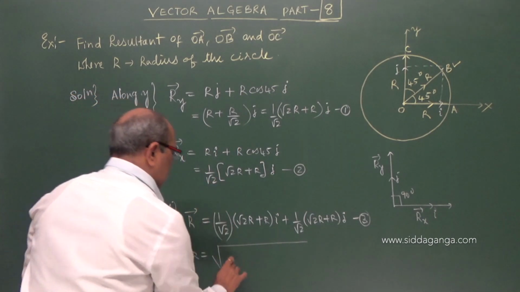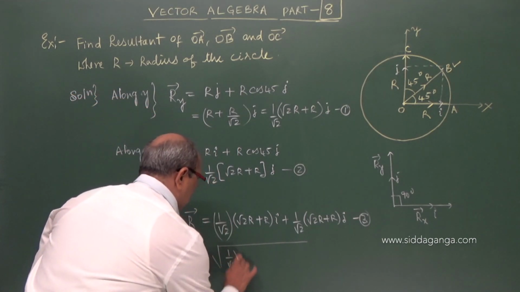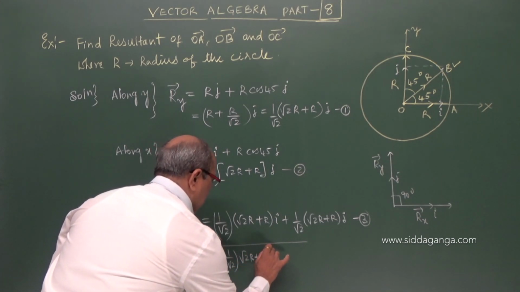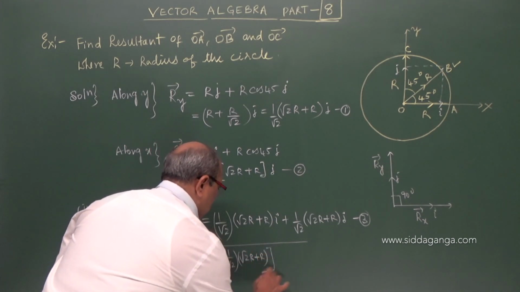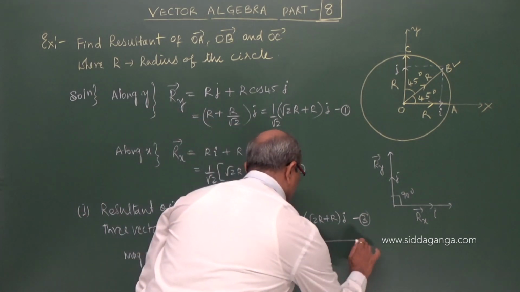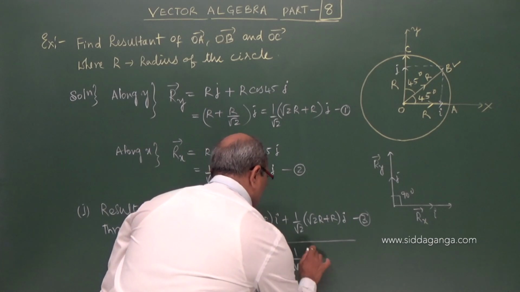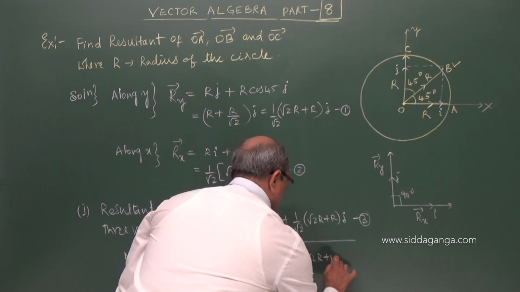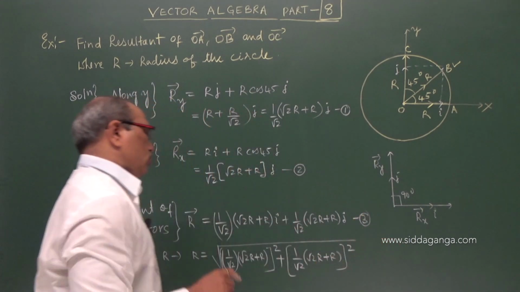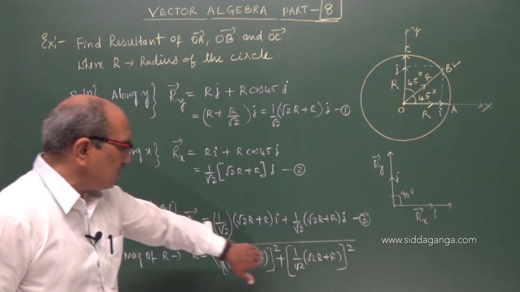Rx square, which is 1 by root 2 into (root 2 R plus R) whole square, plus 1 by root 2 into (root 2 R plus R) whole square. Cos 90 is 0. The common term I can bring out.